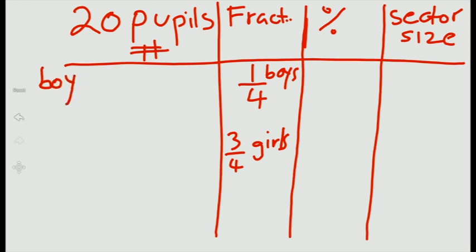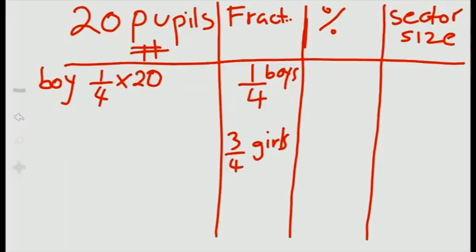Okay, let's look at the boys. You are going to take your fraction, which is a quarter, and multiply it by the total number of everybody in the classroom. Remember that there are 20 pupils in this classroom. So we need to find a quarter of the total number of everybody in the classroom.